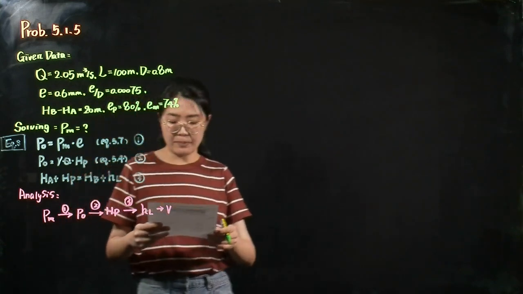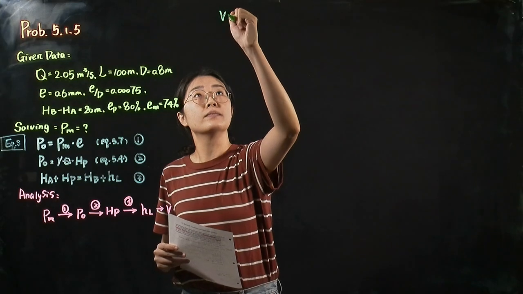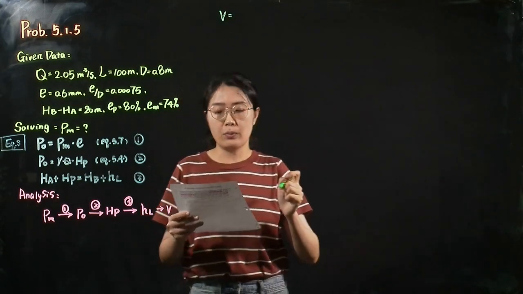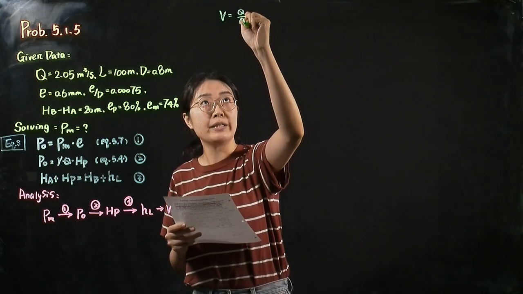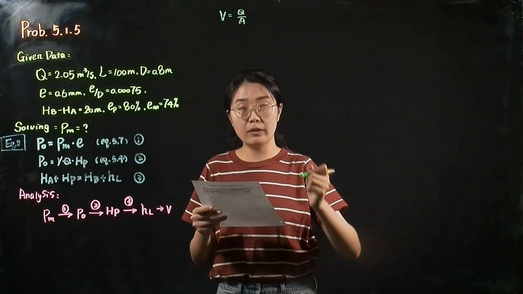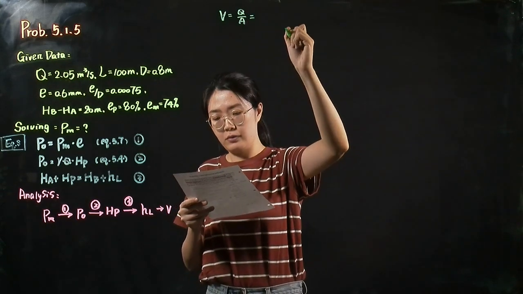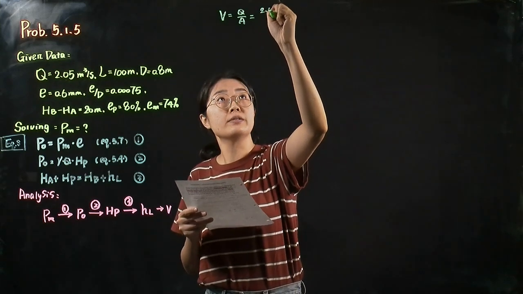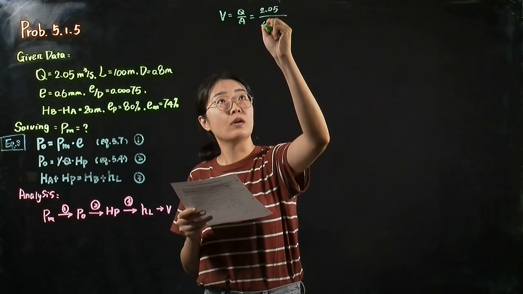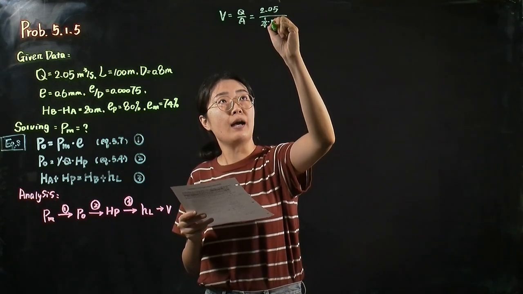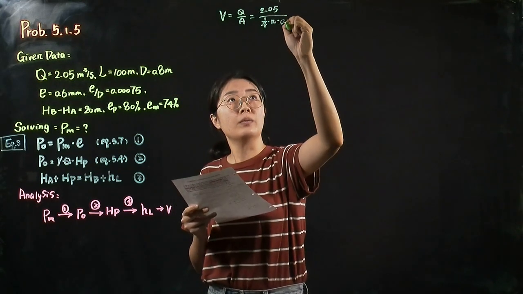So our first step is to calculate the velocity of the water in the pipe. It equals the flow rate over the cross-section area. It equals 2.05 over 1/4 times pi times d squared, where d equals 0.8.